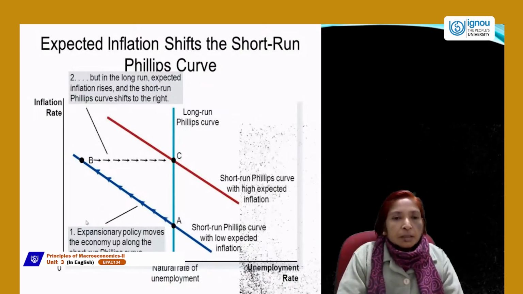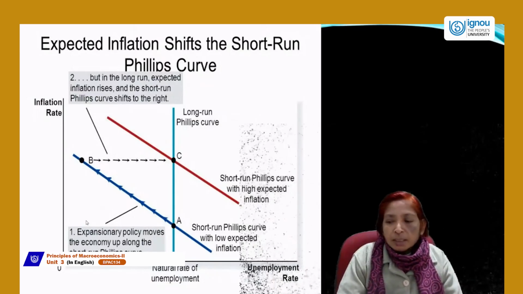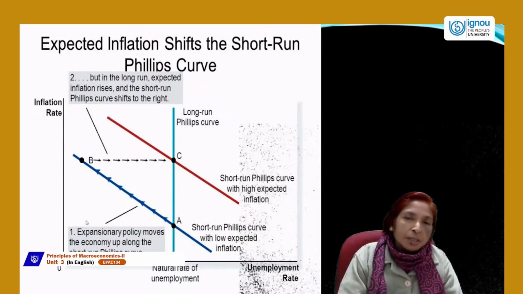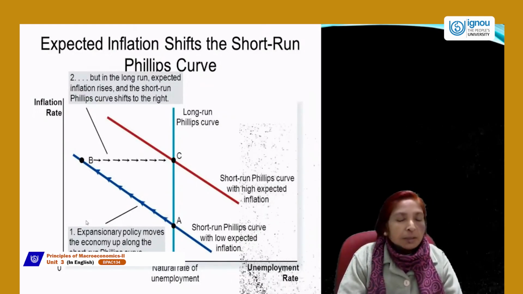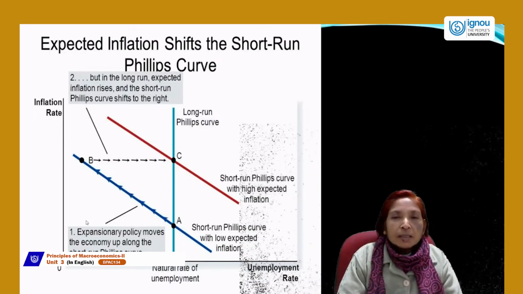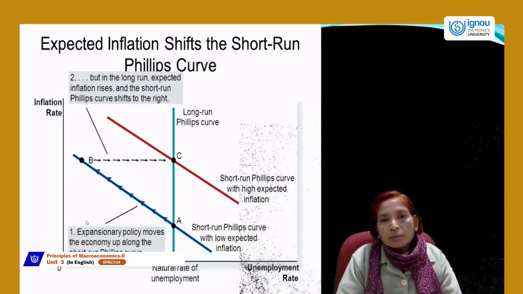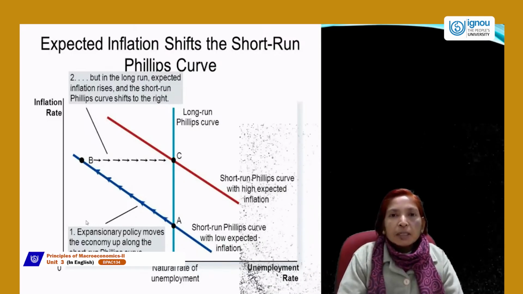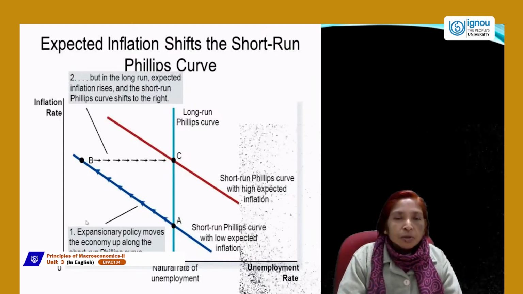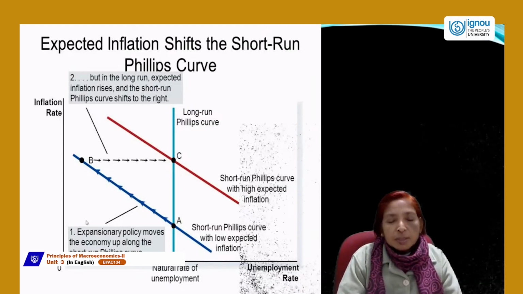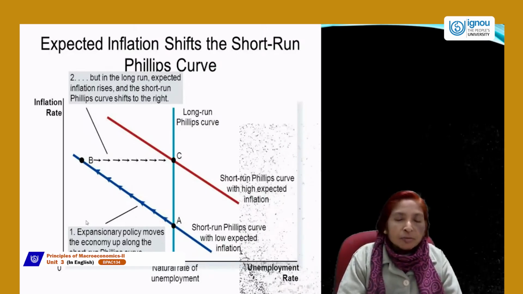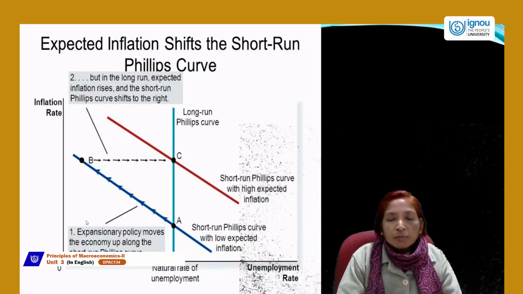For example, here the long run Phillips curve, as you know, is always vertical or parallel to the y-axis, and the short run Phillips curve is always a downward sloping curve. If we expect that inflation will rise in the future, then the short run Phillips curve will shift to the right hand side, and the equilibrium point will also shift from A to C. Here the first equilibrium point is A, where the short run Phillips curve intersects the long run Phillips curve.